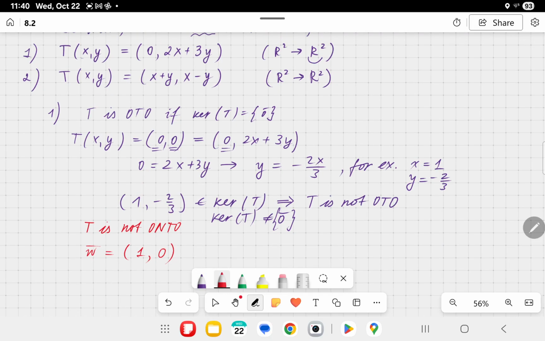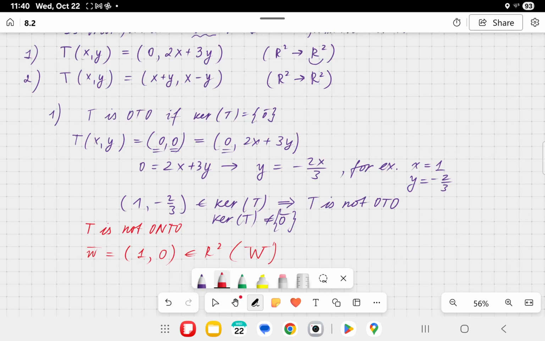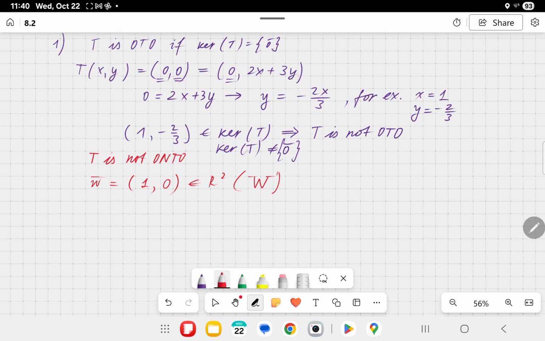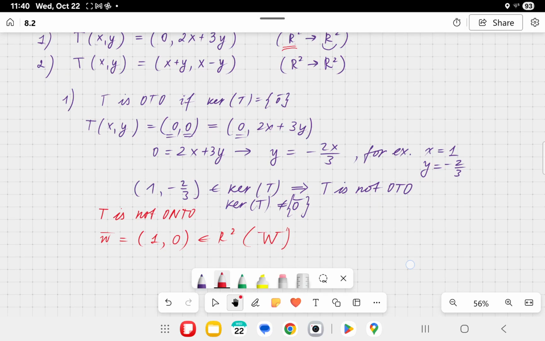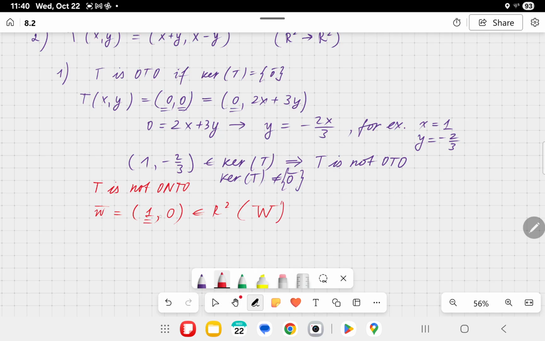This vector belongs to R2, and that's going to be our W, space of the image, right? Does it have anything back in the original space, space V? Because all vectors from V are going to have x component equal to 0, and ours has 1, no vector from V is going to produce this vector by our rule, of course.